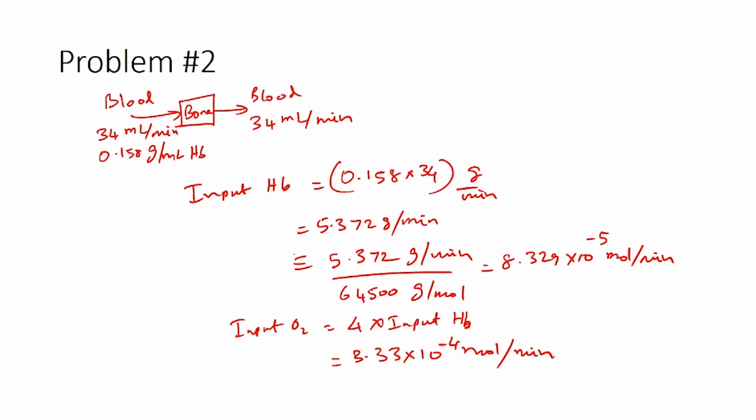So, we also need to calculate the amount of oxygen which is consumed, so that we can calculate the amount of oxygen which would be leaving the system. Oxygen consumed has been given to us as 4 times 10 power minus 2 milligrams per second. So, converting this to milligrams per minute, it would be equal to 2.4 milligrams per minute.